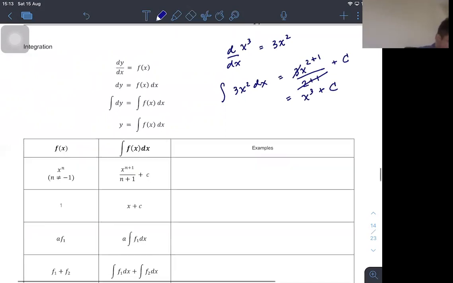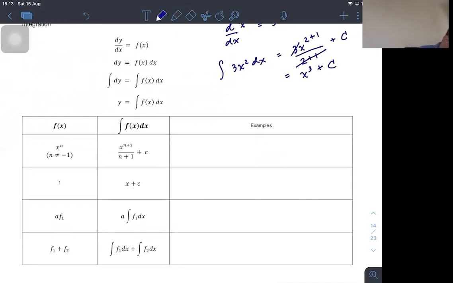Okay, so some more examples. I do integration of, let's say, 2x to the 5 dx. Here I will get 2x to the 6 divided by 6 plus the constant, so I get 1/3 of x to the 6 plus constant.